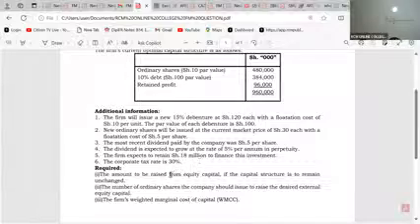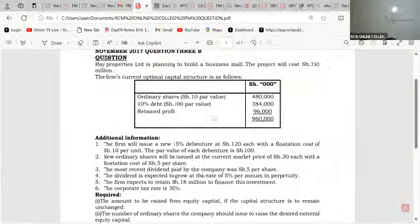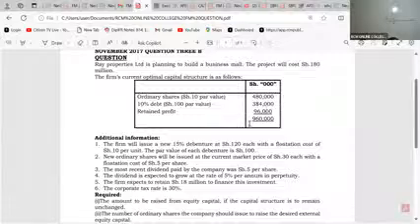So they want us to give them the amount to be raised from equity capital if the capital structure is to remain unchanged. You see, the capital structure is not going to change even in the future. So when it comes to borrowing this 180 million, they're going to use their capital structure the way it is. This is the firm's current optimal capital structure, and it's not going to change.